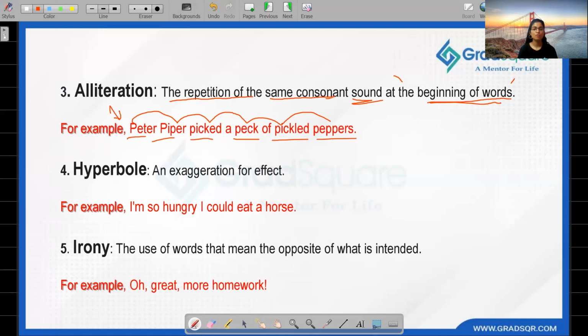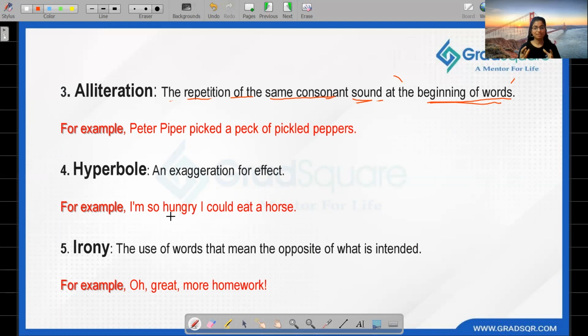Clear? Moving on to hyperbole. What is hyperbole? Hyperbole is nothing but exaggeration of a particular sentence. Okay, let's see the example now. I'm so hungry, I could eat a horse. In this sentence, it doesn't mean that I am so hungry I'm going to eat a horse or something like that. It's not like that.